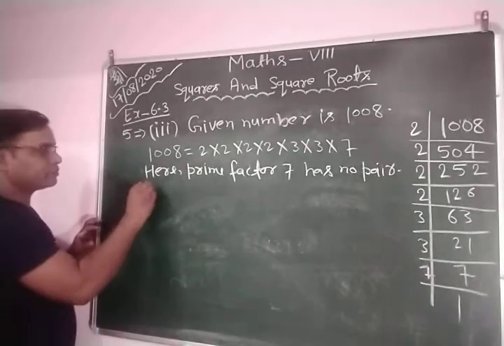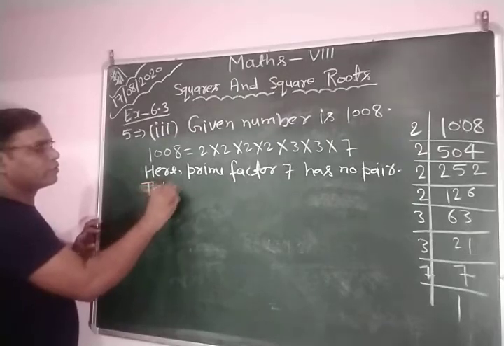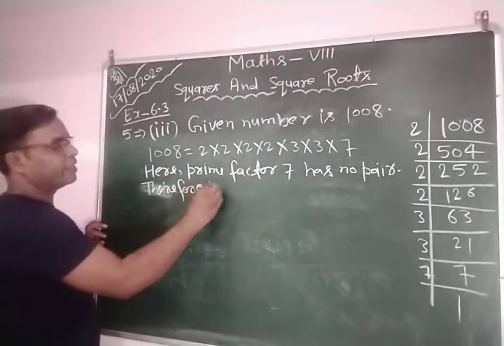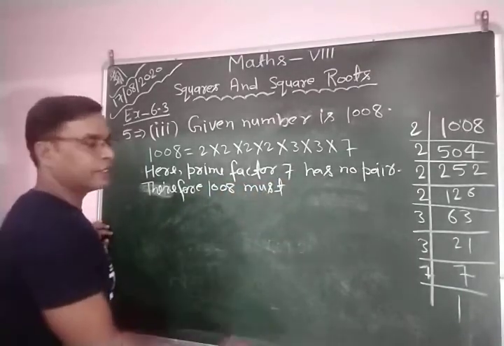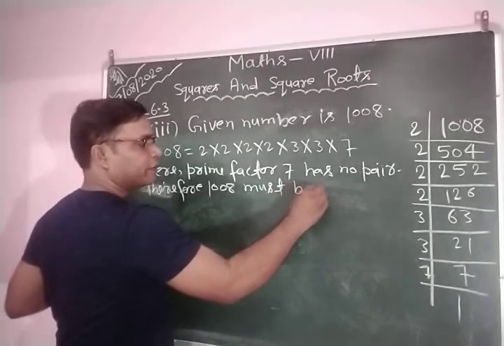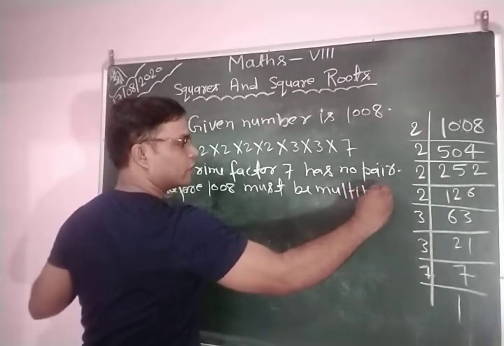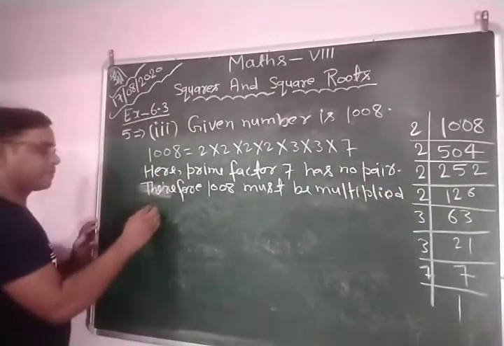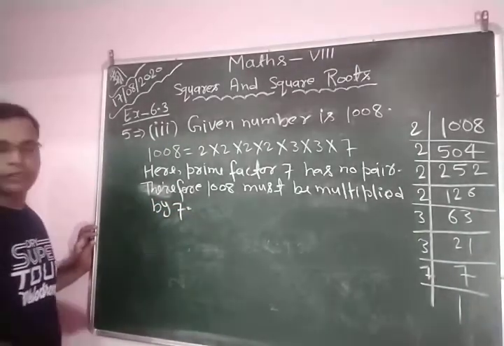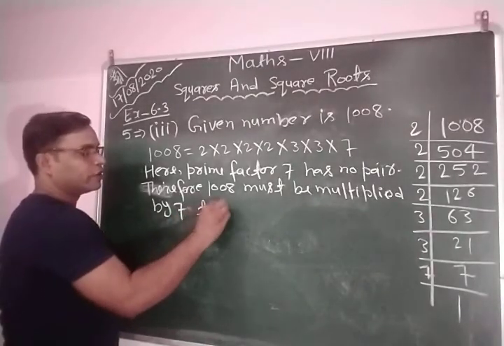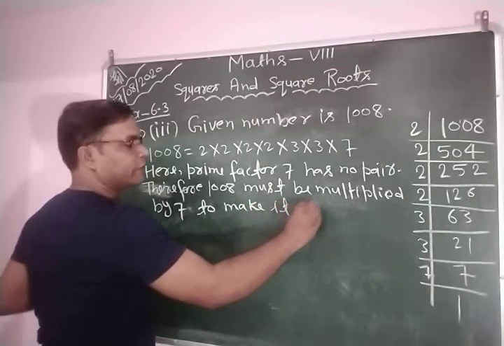Therefore 1008 must be multiplied by 7 to make it a perfect square number.